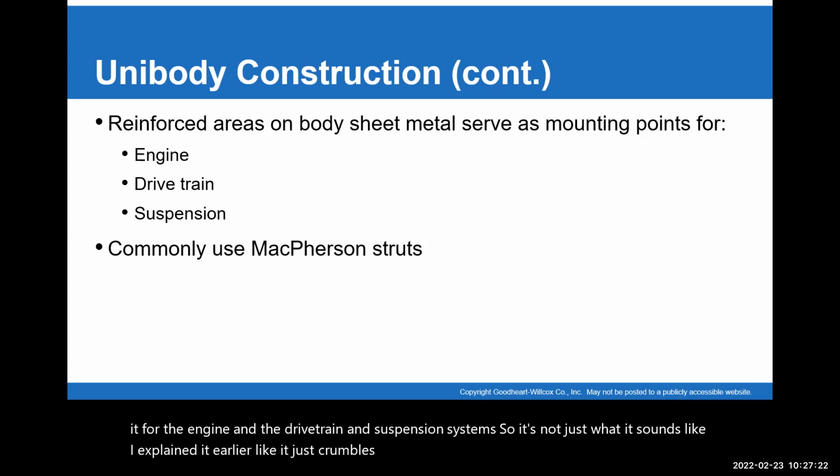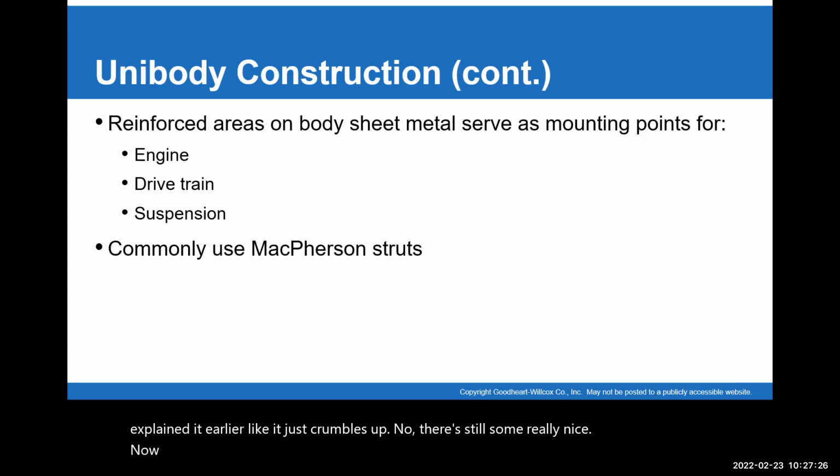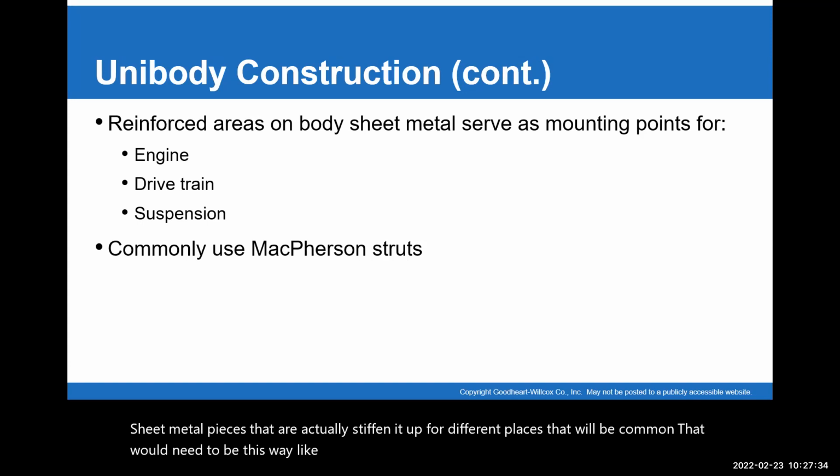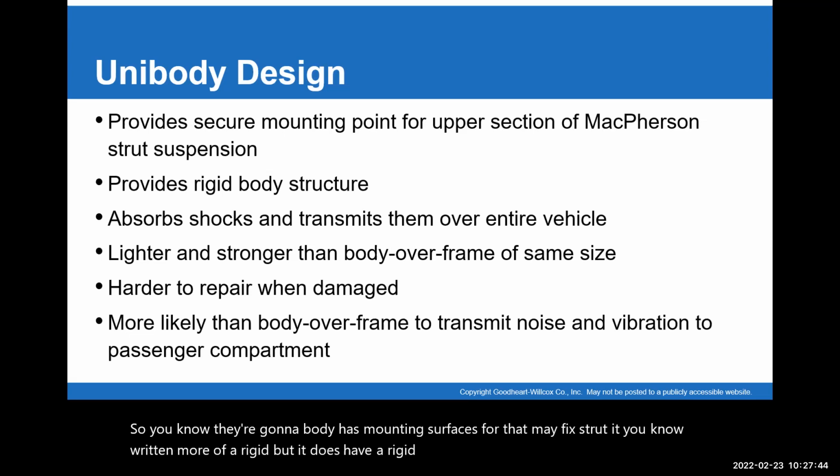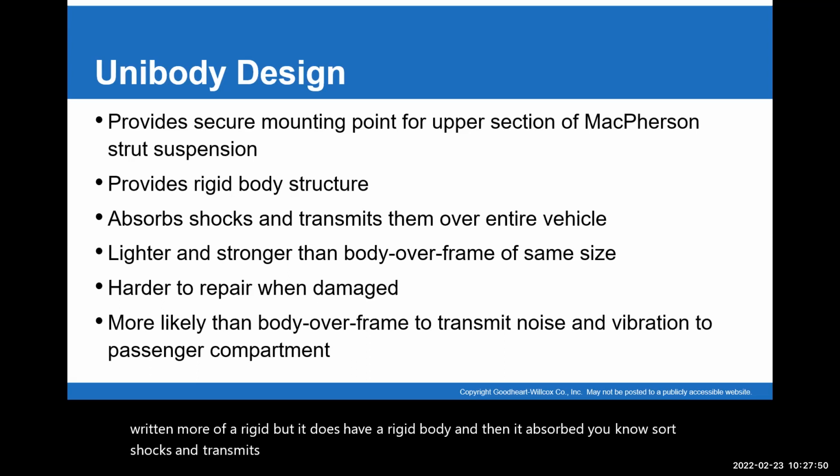No, there are still some really nice sheet metal pieces that stiffen it up in the places that need it. The unibody has mounting surfaces for the McPherson strut. It does have a rigid body, and it absorbs shocks and transmits them through the entire vehicle.